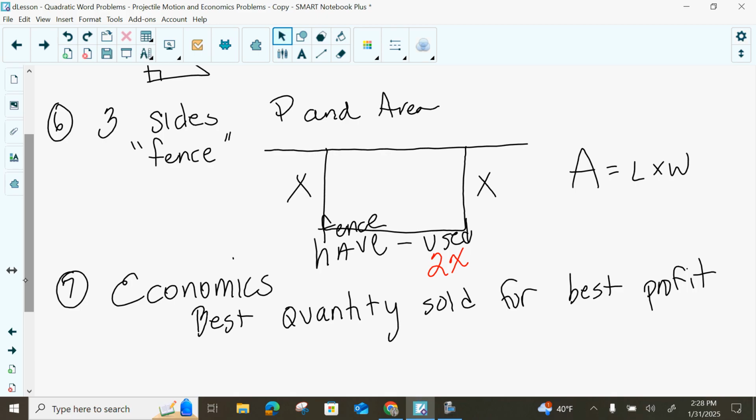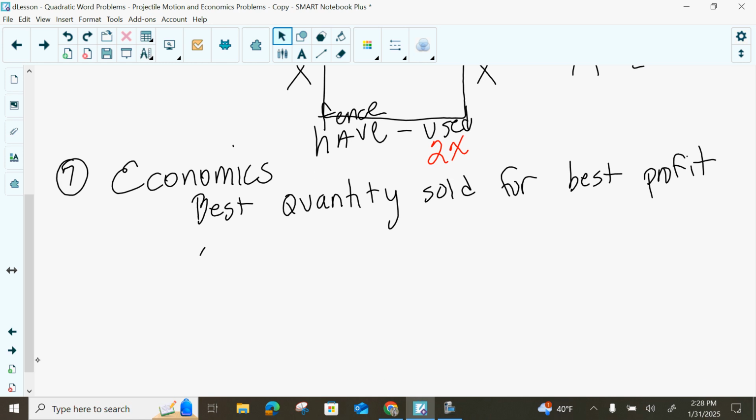You're always going to have 2 sets of parentheses. You're going to usually have a price parenthesis and an item parenthesis.